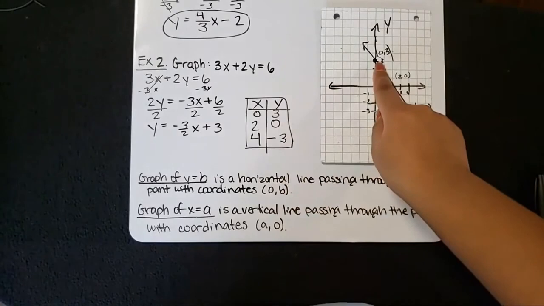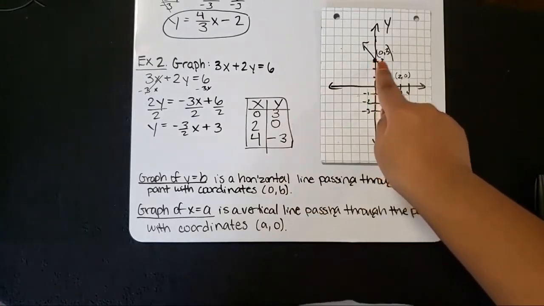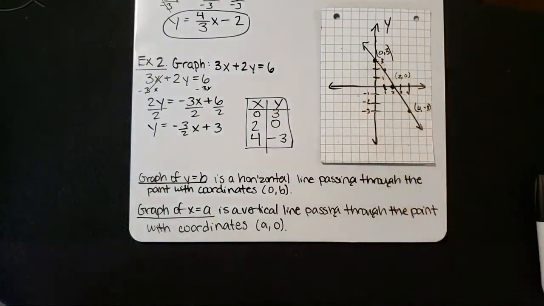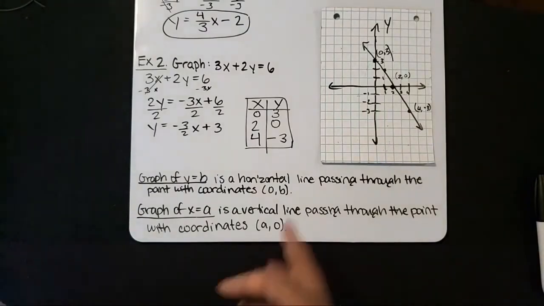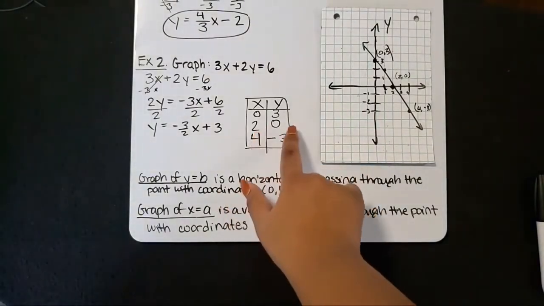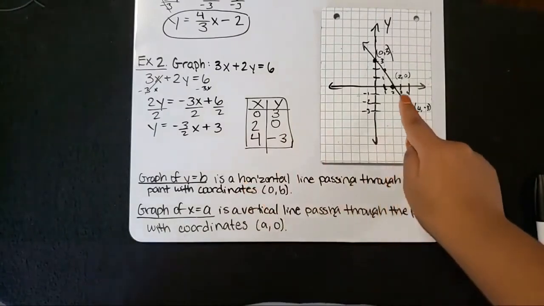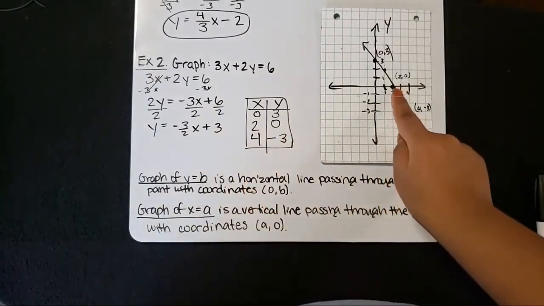As you can see, it's on the y-axis. Graph of x equals a is a vertical line passing through the point with coordinates a, 0. So a 0 would be kind of like 2, 0, where it's on the x-axis.